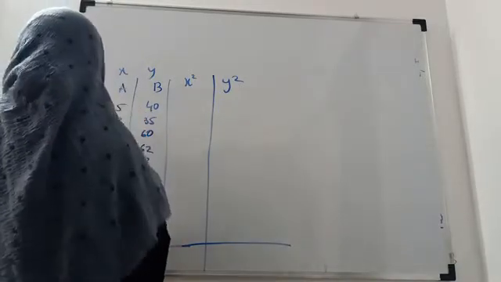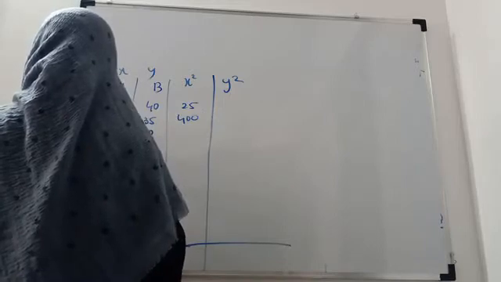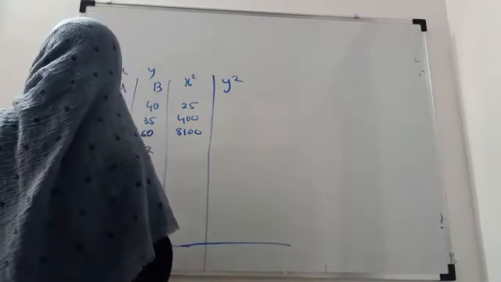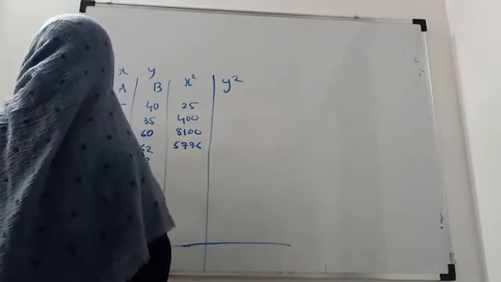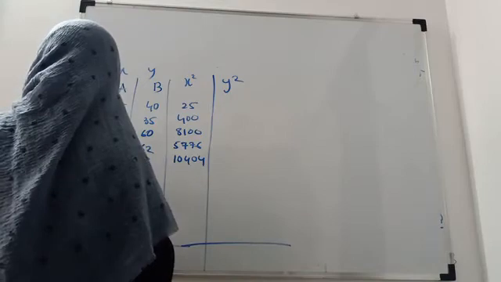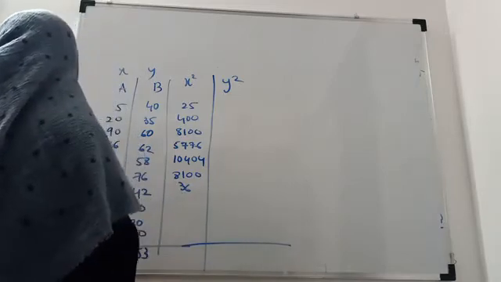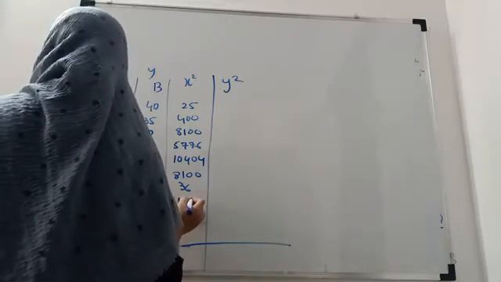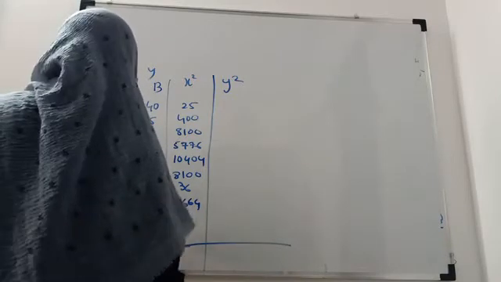So the squares: 5 squared is 25, 20 squared is 400, 90 squared is 8100, 76 squared is 5776, 102 squared is 10404, 90 into 90 is 8100, 6 squared is 36, 108 multiplied by 108 is 11664, 20 squared is 400, and 16 squared is 256.